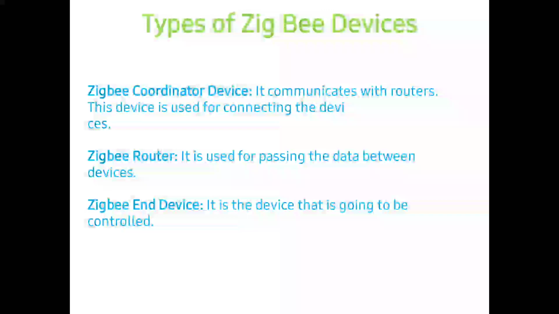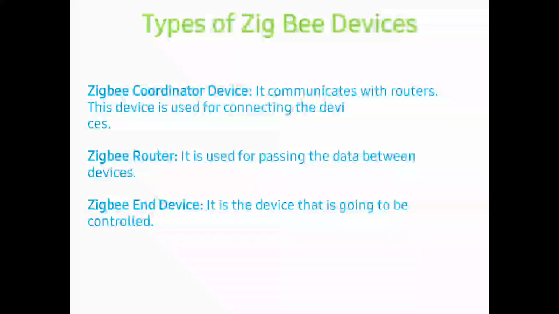Router. It is used for passing data between the devices. The routers extend network area coverage, dynamically route around obstacles, and provide backup routes in case of network congestion or device failure. They can connect to the coordinator and other routers and also support child devices. Next, end devices.